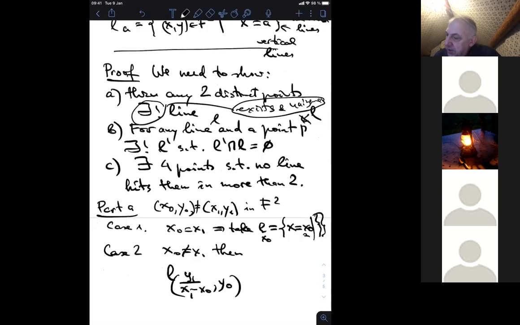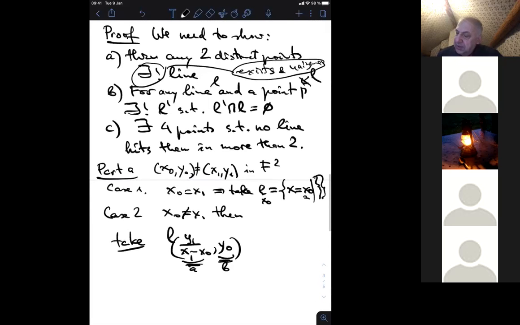If this is taken as A and this is taken as B, this would be the slope, and this would be the shift over the origin. So this line will exactly contain both points. If we substitute it here, we'll see that coordinates of both points satisfy the equation.